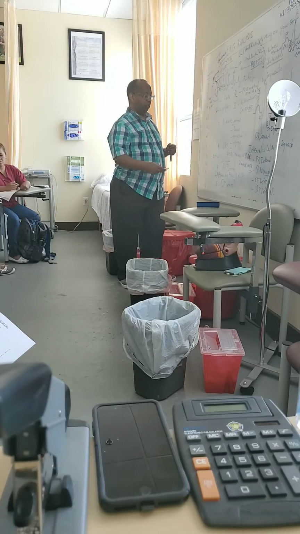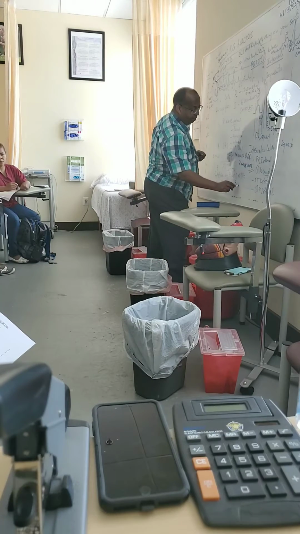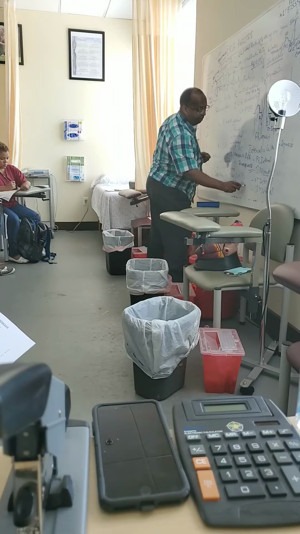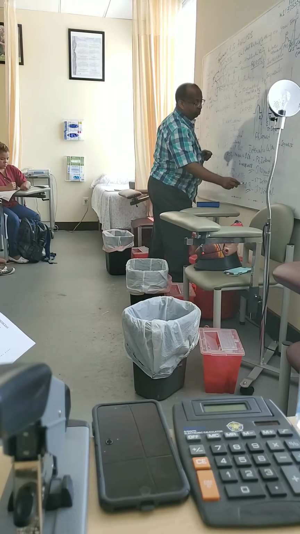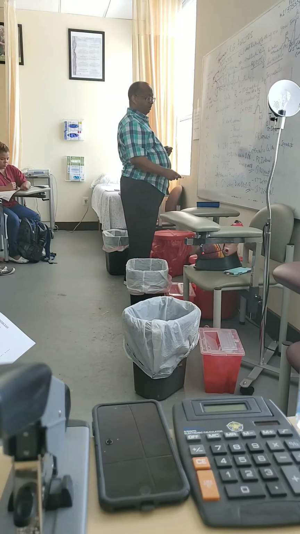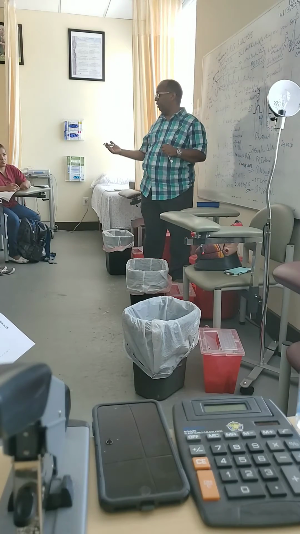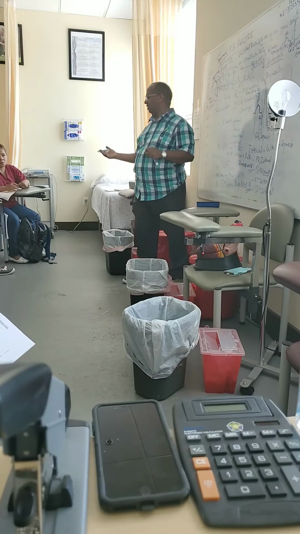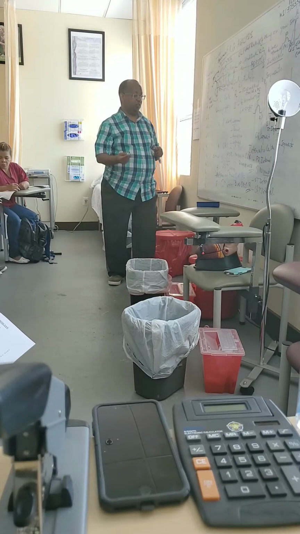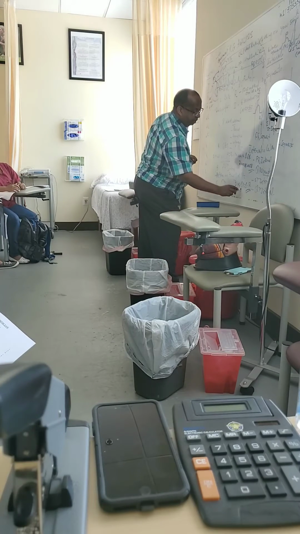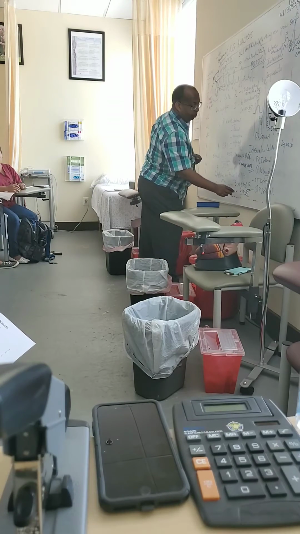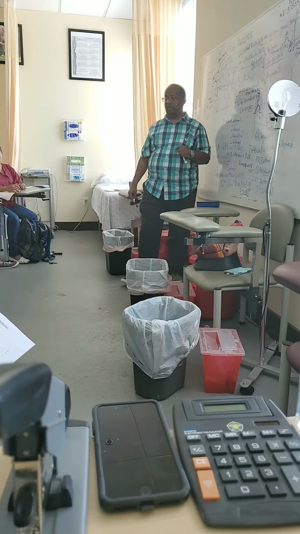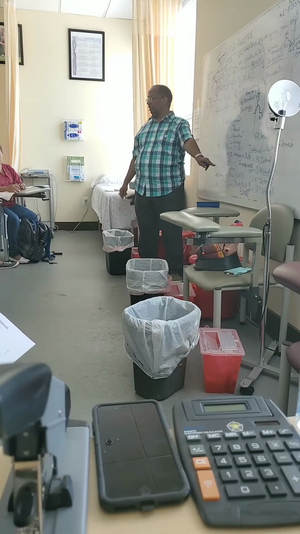So you multiply 3 by 0.04 and this will be 0.12. The normal is how much? 0.12 to 0.20 is normal. So any value you have in this range is a normal value.